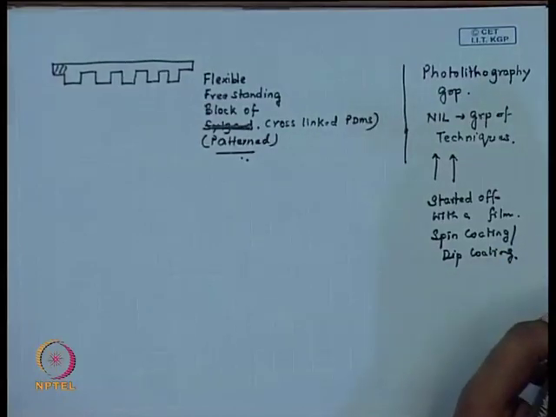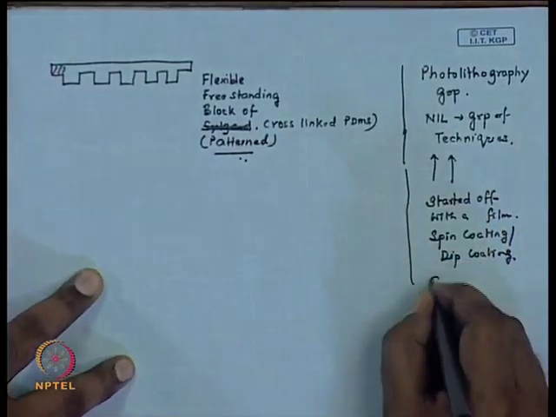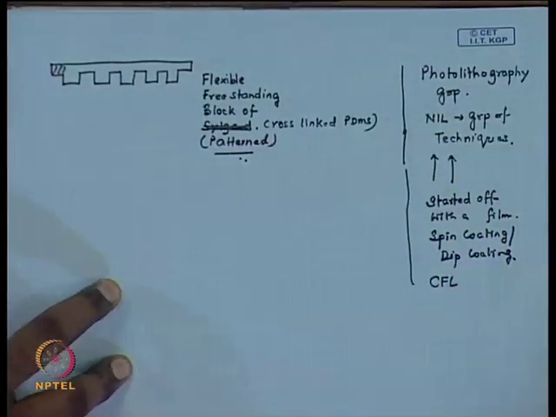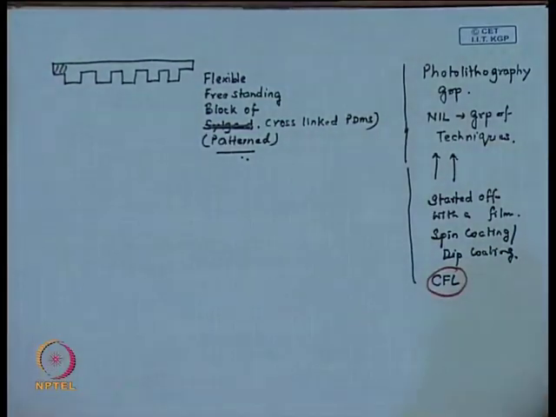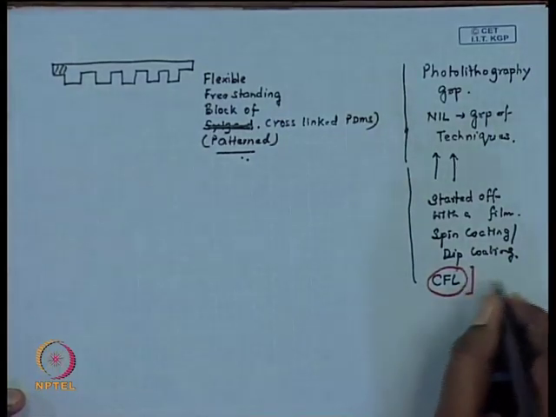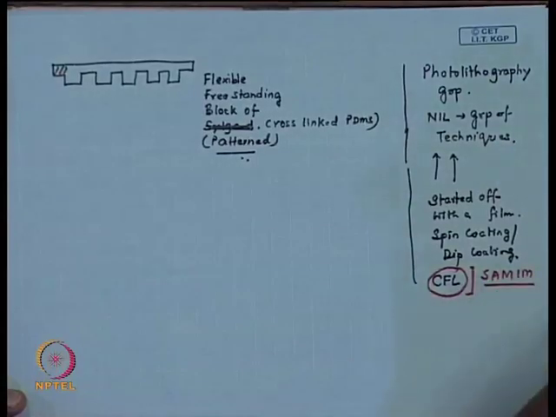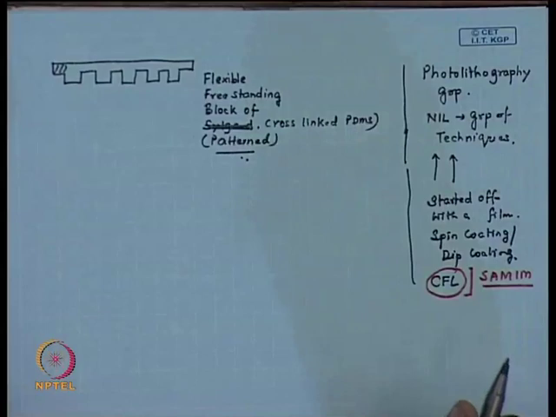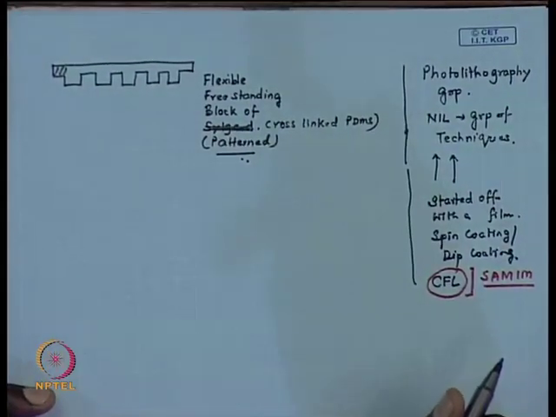Now, in contrast, there are other soft lithography techniques like let us say CFL, which we will subsequently discuss maybe later half of this class or in the next class, where you initially coat the film, as in CFL as well as in SAMIM. But please do remember that in micromolding in capillaries you do not start off with a film.